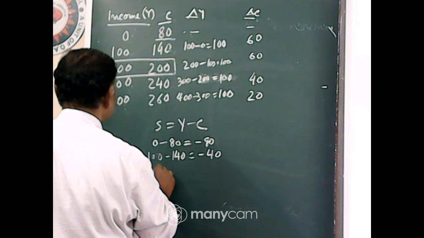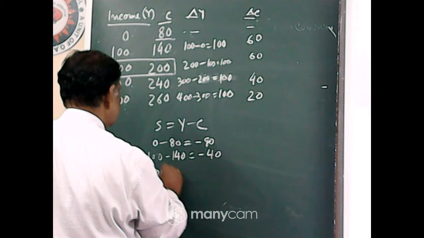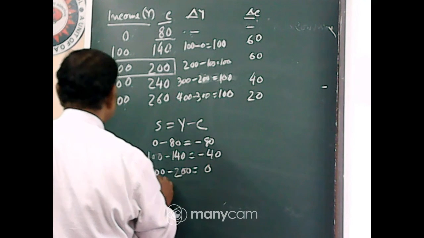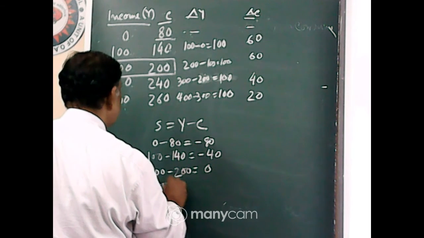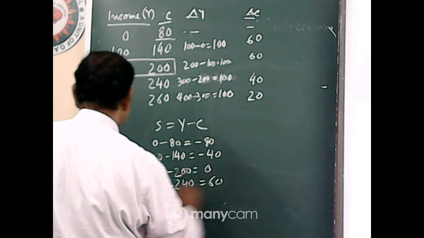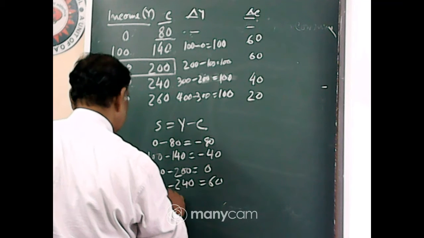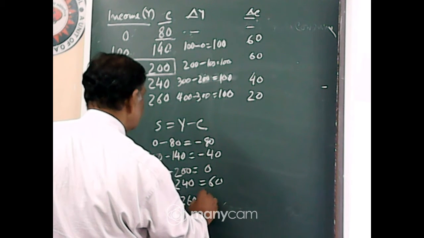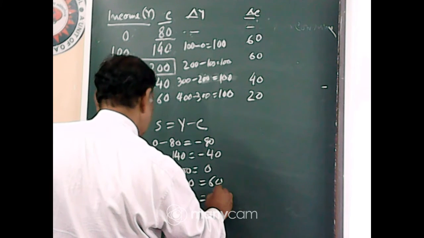And then 200 minus 200 is equal to 0. And then 300 minus 240 is equal to 60, and then 400 minus 260 is equal to 140.